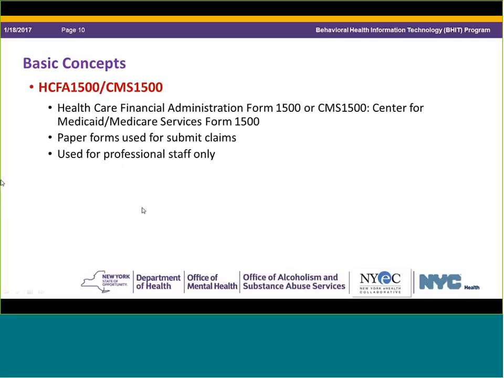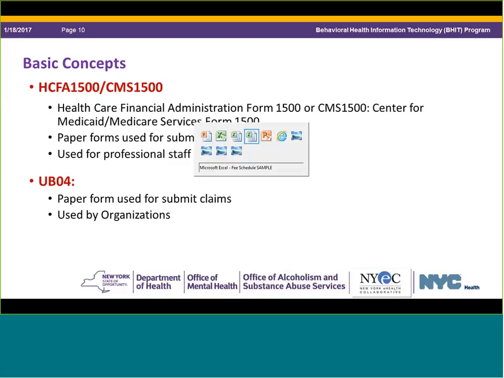These were used for professional services, clinics. The UB04, that is for institution and organization billing. So some samples of what they look like. Okay, let's show some samples then.